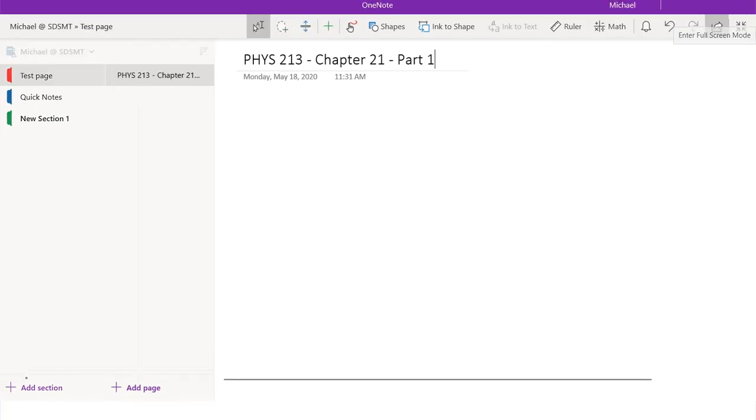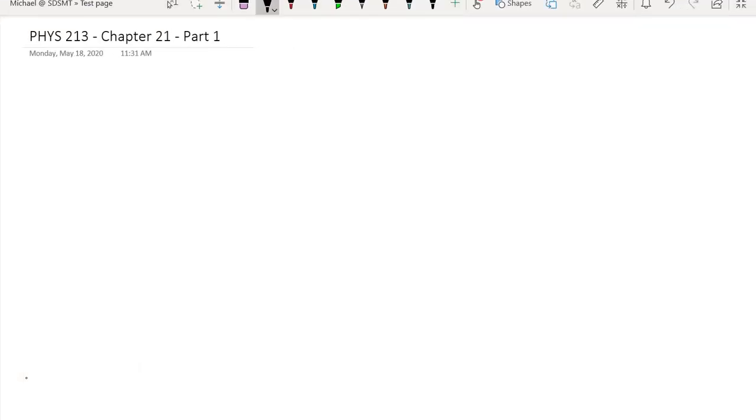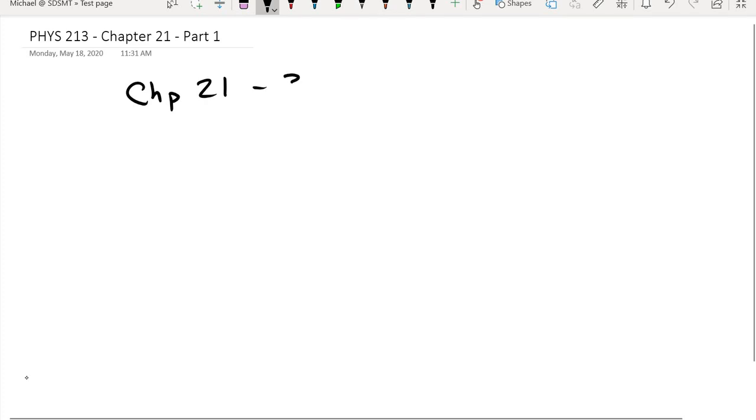And with the textbook that we're using, which is the Halliday-Resnick, our material for this course is going to start in Chapter 21, and we will continue through Chapter 30. This course material is broken up into basically three different segments.